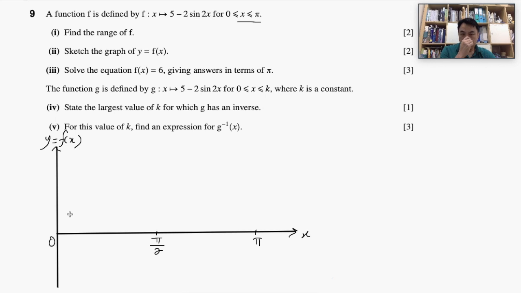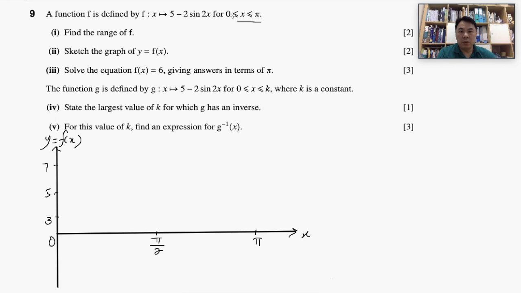It's a 5. So I'll get myself a 5. Just let me mark it properly here. This is 3, 5, 7. It's not a good scale to use here.